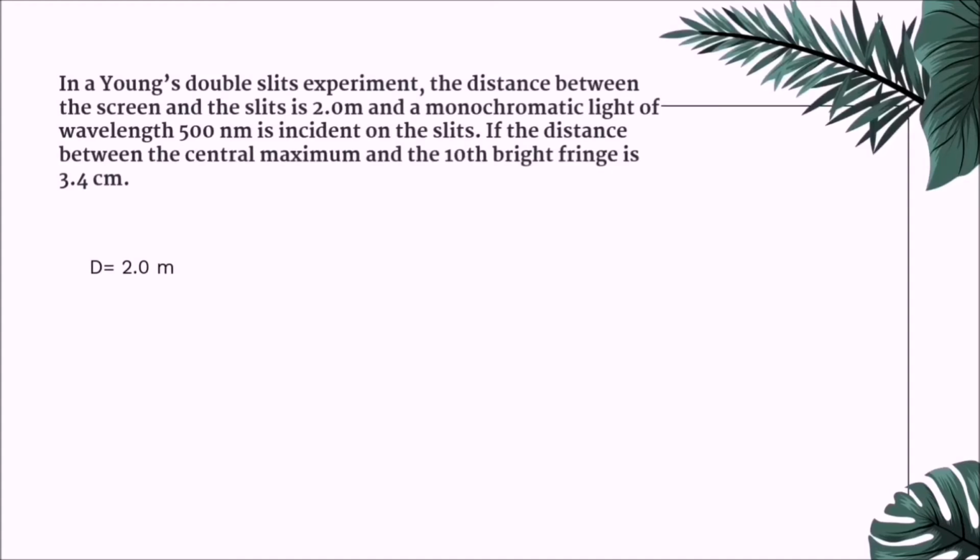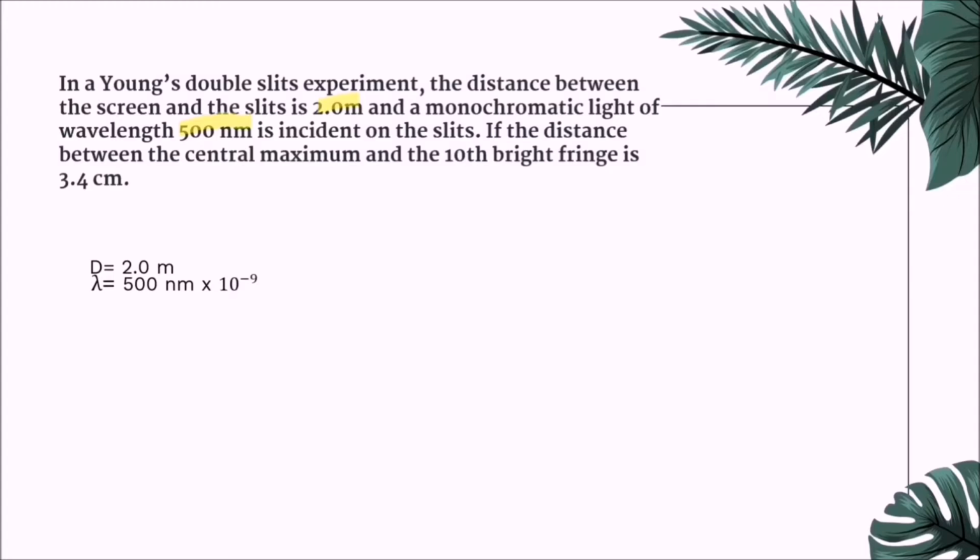So for question number 7, A. In a Young's double slit experiment, the distance between the screen and slit is 20 m. So this is for uppercase D. And a monochromatic light of wavelength 500 nm. 500 nm is lambda, which is a wavelength.